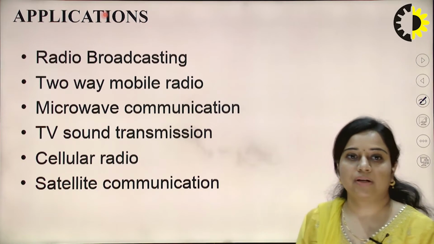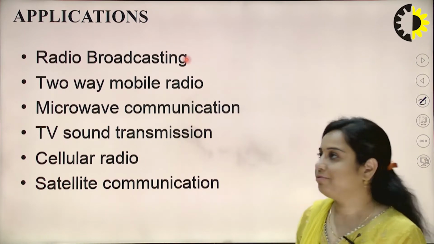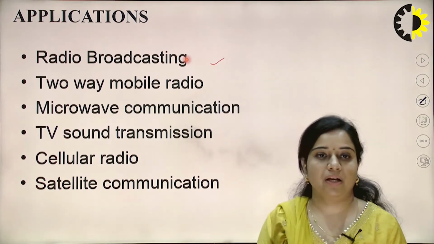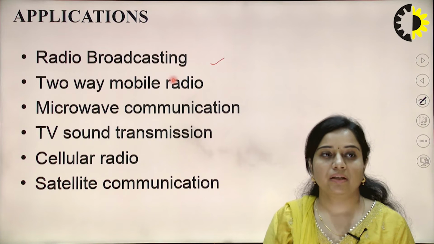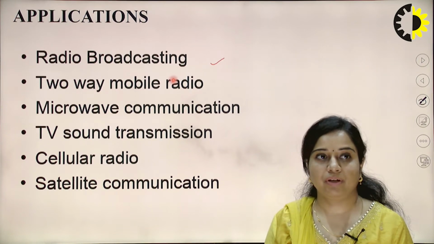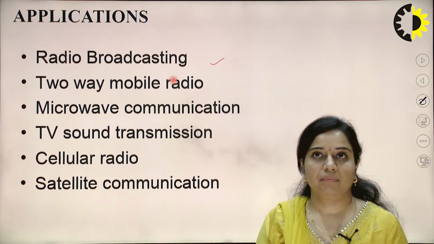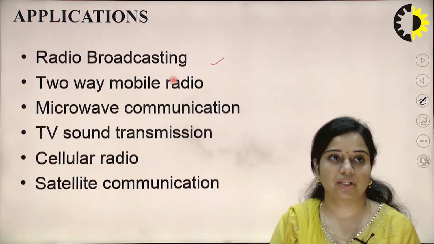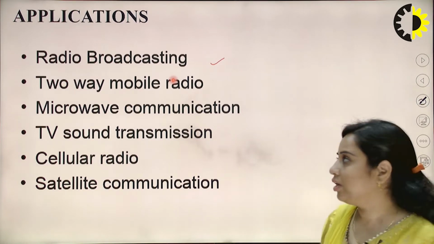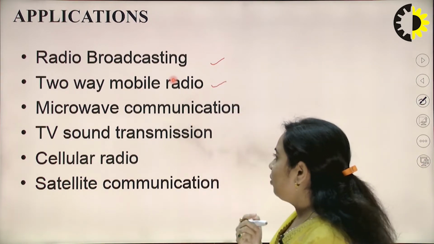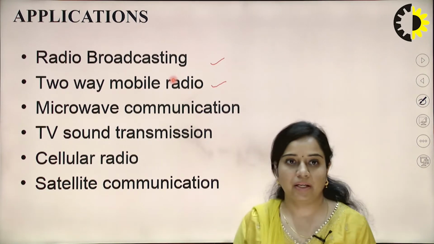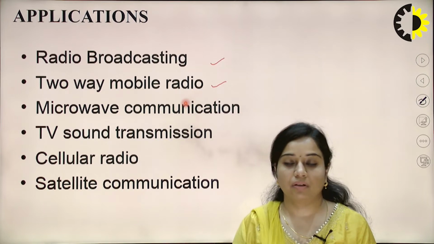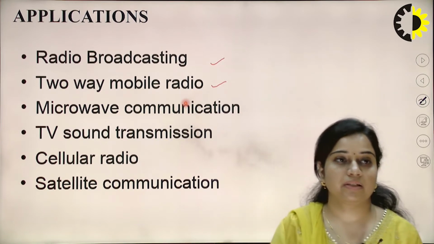Next, what are the applications of angle modulation? The first application is radio broadcasting, which means broadcasting the signal in the radio frequency range, like the megahertz range, such as the FM radio that you listen to. The second application is two-way mobile radio, which means full duplex communication in mobile communication, also related to AM, FM, PM, that is, angle modulation.